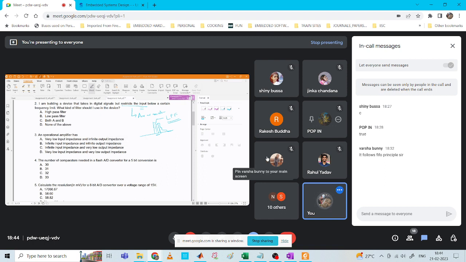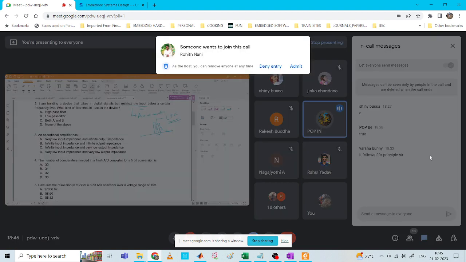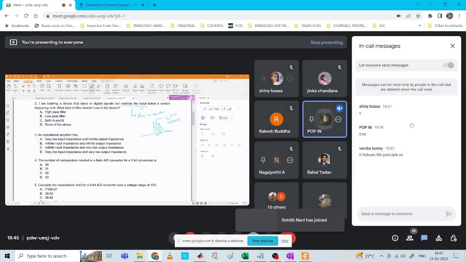So question 3: an operational amplifier has very low input impedance and infinite output impedance. Just study the four options and tell me. Sir, input impedance in an operational amplifier is infinity in the ideal condition, and low output impedance.